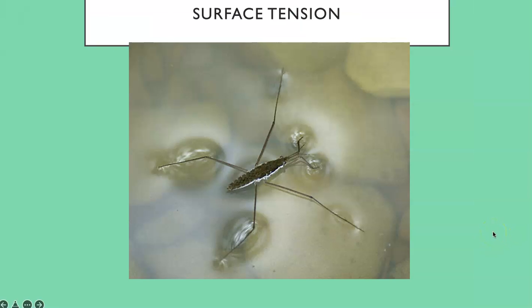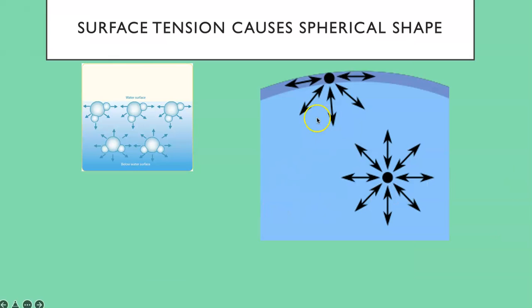This phenomenon also explains something called surface tension, and you might have seen little bugs that seem to walk on water. And that's because if you think about what's going on at a surface of water, here's a water surface and it's shown in two different ways. Inside the water, a glass of water, for example, there are forces pulling on each water molecule by all the other water molecules in all directions.